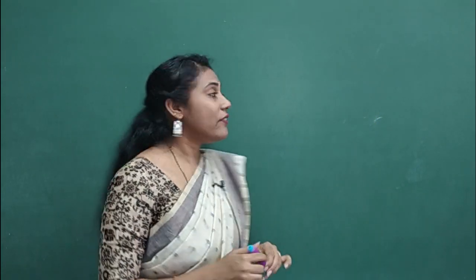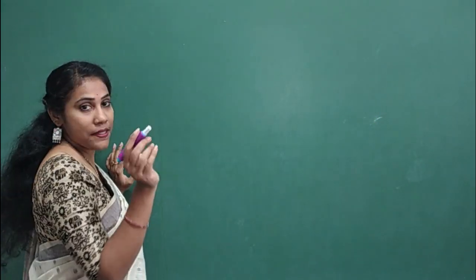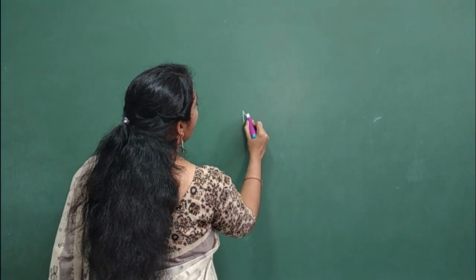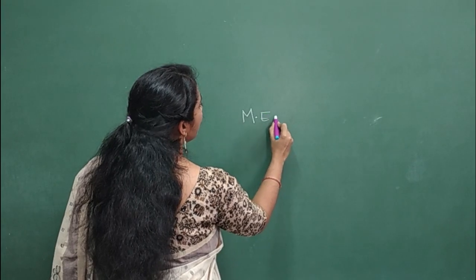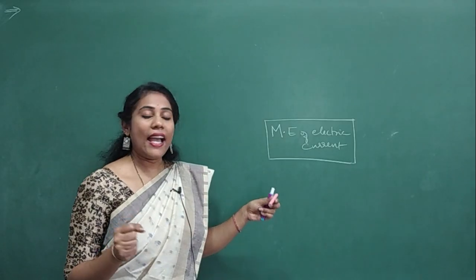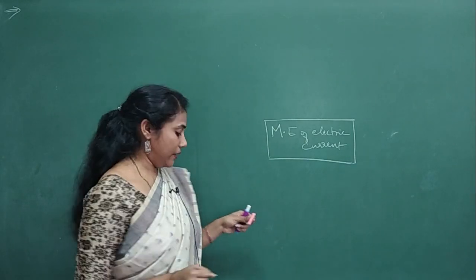Okay, so today's mind map topic is magnetic effect of electric current. See the different aspects that we have learned in the chapter.